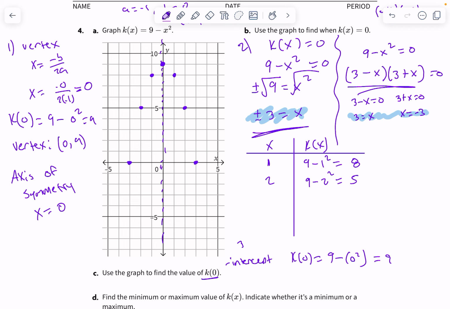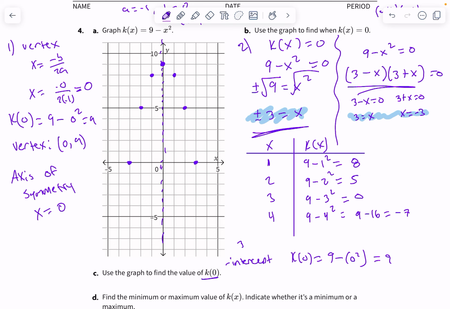Okay? Let's try 3. 9 minus 3 squared is equal to 0, which we already found, right? Good. 3, 0 is there. So because of symmetry, there's another one right there. Okay? Let's do 4. So then we get 9 minus 4 squared is equal to 9 minus 16, which is equal to negative what? Negative 7. Okay?